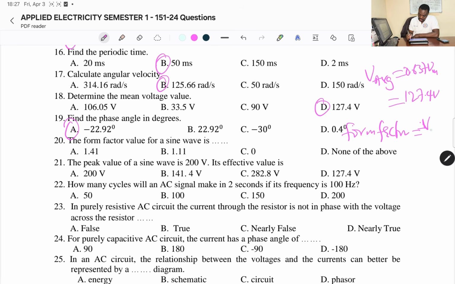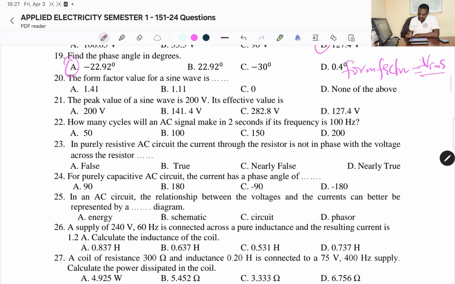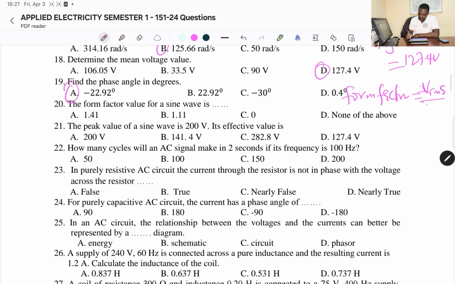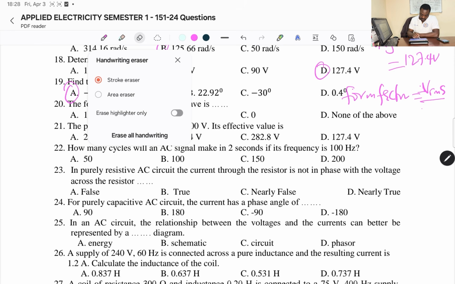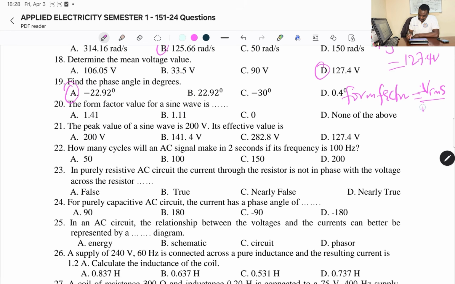So we have the root mean square voltage over the average voltage.